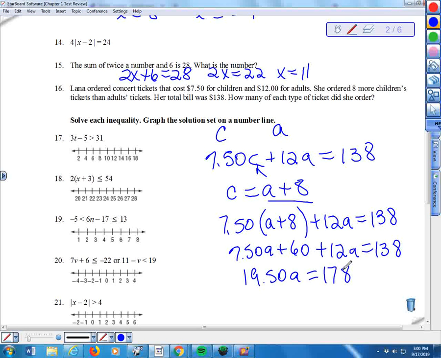Then divide 78 by 19.50. 4. So there were 4 adult tickets, which means there were 12 children's tickets because there were 8 more children than adults. Okay.